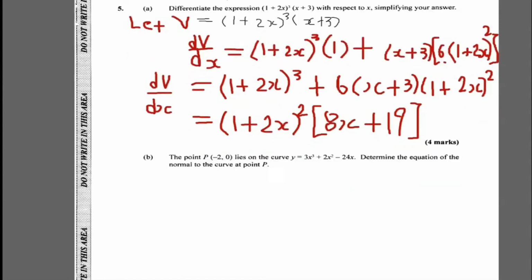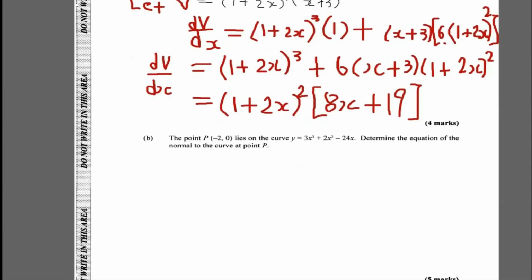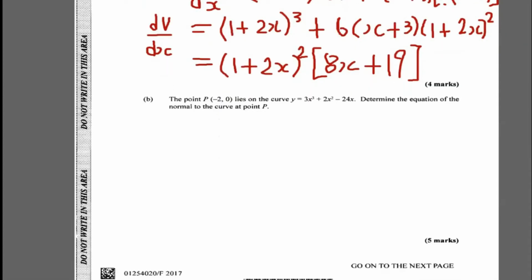Now part B. Part B says the point P lies on the curve, (-2, 0). And it says determine the equation of the normal at the point P. So before we can find the equation of the normal, we need to find dy by dx to get the gradient of the tangent. So dy by dx is going to equal, we differentiate 3x cubed to get 9x squared, plus when we differentiate 2x squared, we get 4x, and then we subtract 24.